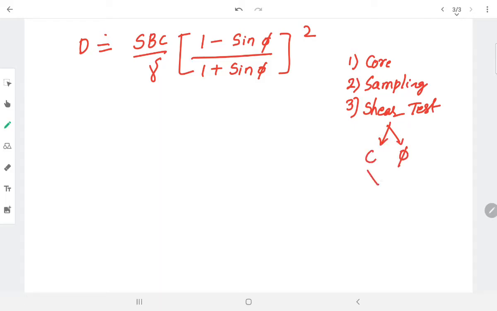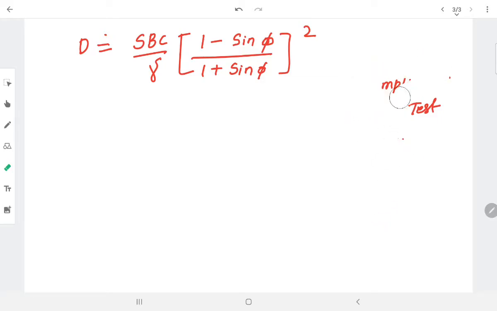Using C and phi, I'll find the SBC of soil, and phi is used here again. When you conduct core cutting and sampling, you will also come to know the density of soil, that is gamma. In today's topic, all the data we require is from the shear test and sampling.